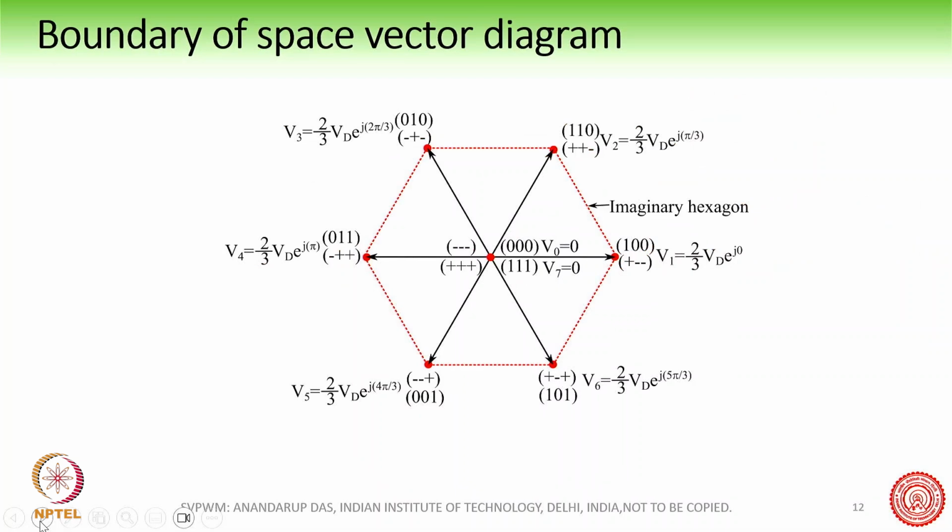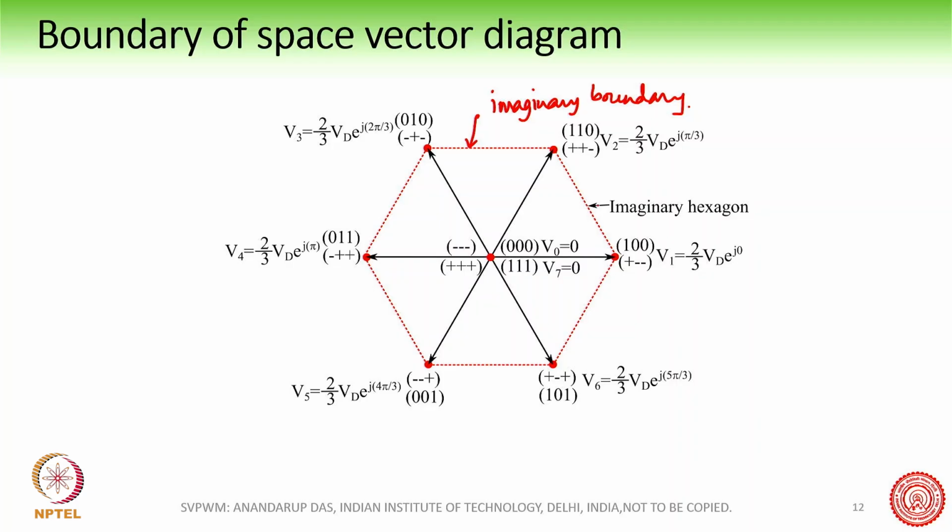Now with these space vectors, we can always draw an imaginary boundary, which is connecting the tips of the vectors.